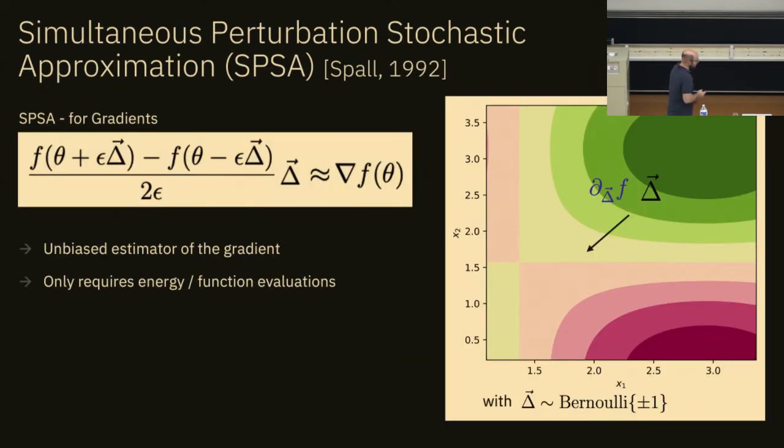And before I go into how we can do this for VarQITE, I want to quickly introduce another concept. This is SPSA, or simultaneous perturbation stochastic approximation. That's an optimization algorithm for noisy optimization. You might have heard about that. It's quite popular for VQE and optimizing parameterized quantum circuits. The idea is very simple. So you have some function.